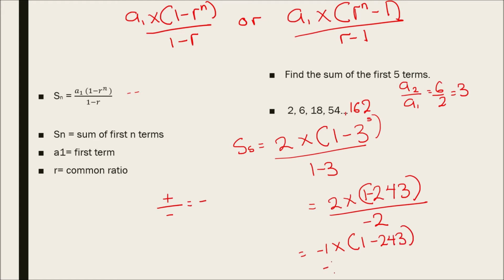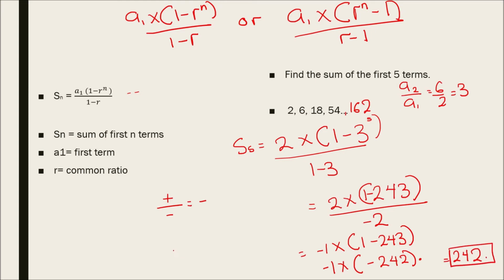That's minus 242. Minus 1 times minus 242 would give me 242. So we still get our correct answer, which is 242.